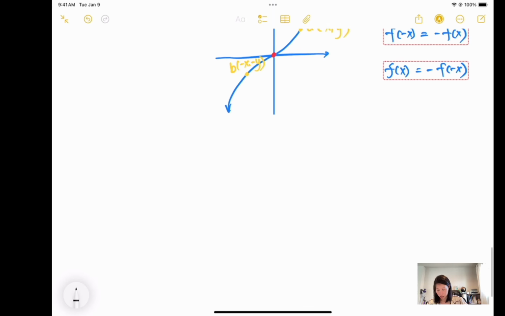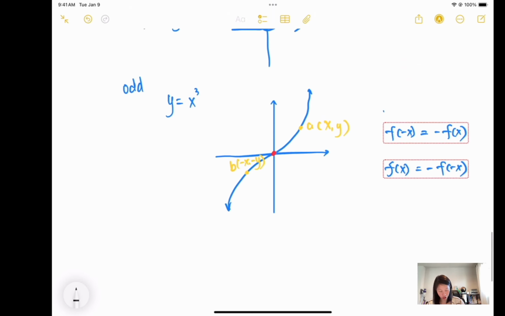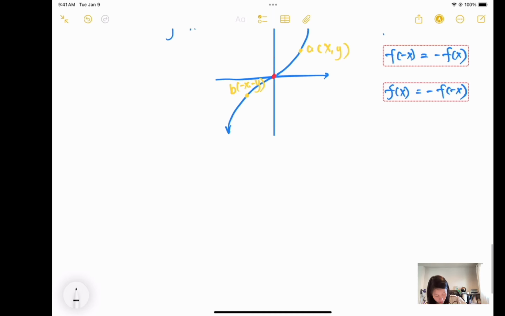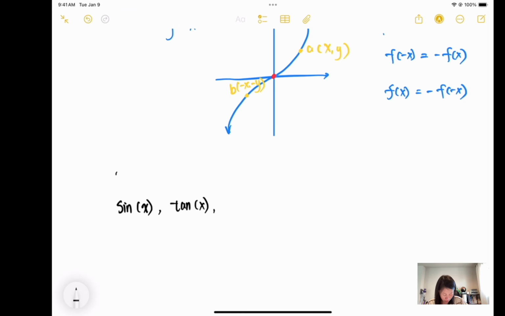Now, the first proposition that we have is the sine function. Along with the sine function, we also have the tangent function. The reciprocal of the sine function is the cosecant function, and the reciprocal of the tangent function is the cotangent function.